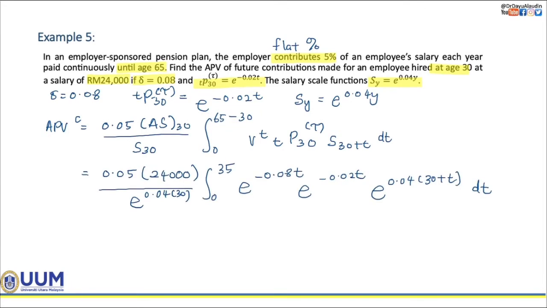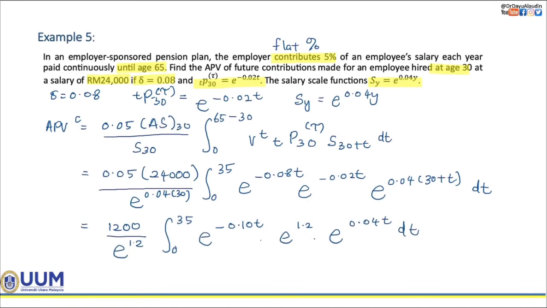AS is the actual salary at age 30, which is 24,000. And 0.05 is the contribution rate. And s(y) is the salary scale function, for s(30), and this is for s(30 plus t).